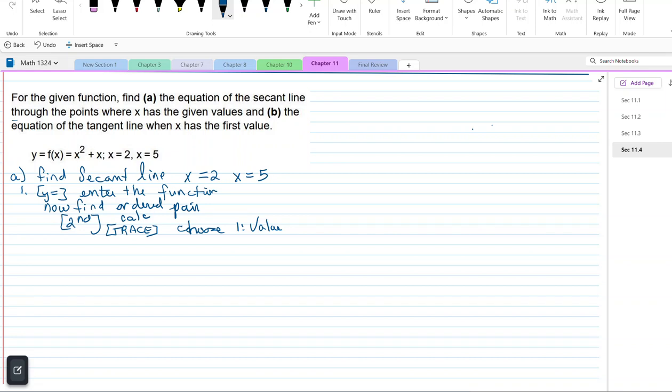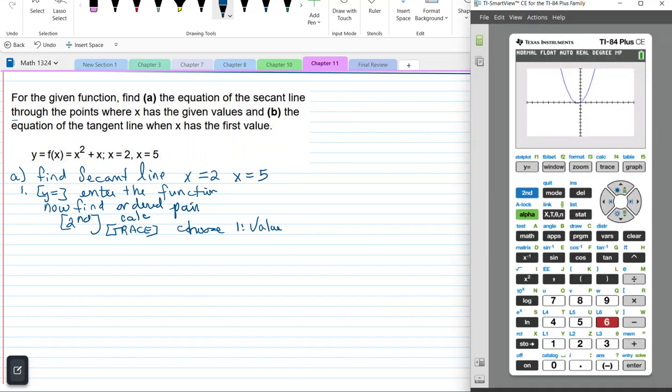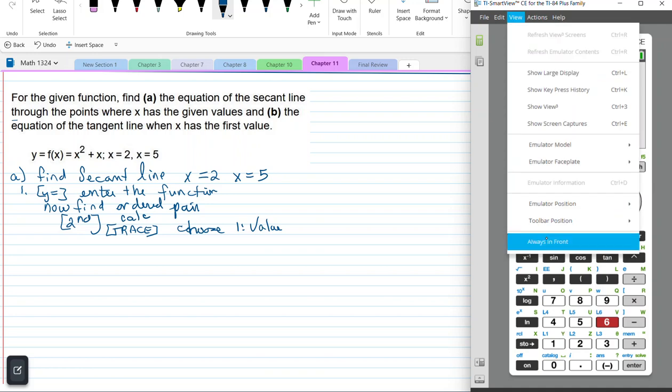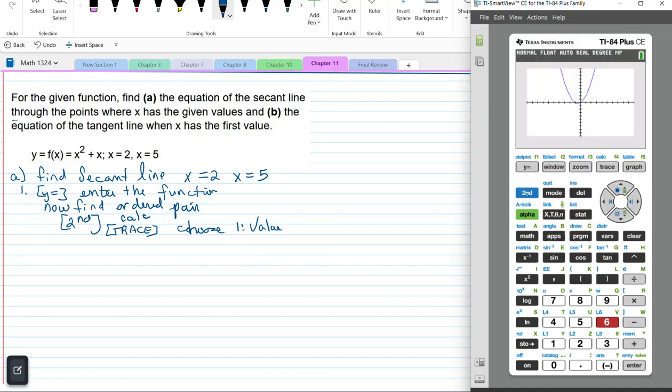All right, so here we go on that. Okay, so I'm going to go second trace. And then, oh, it didn't hit the second. Second trace, there I am, value. And I'm going to enter the 2. And my value is 6.